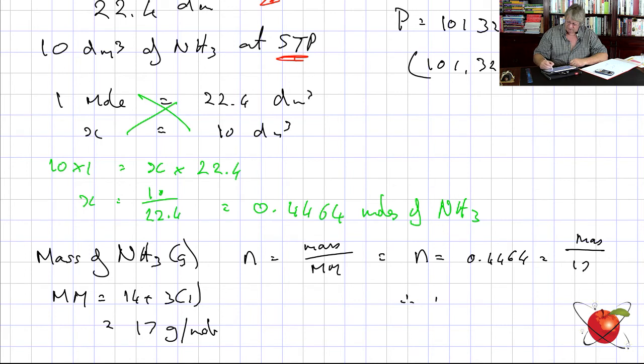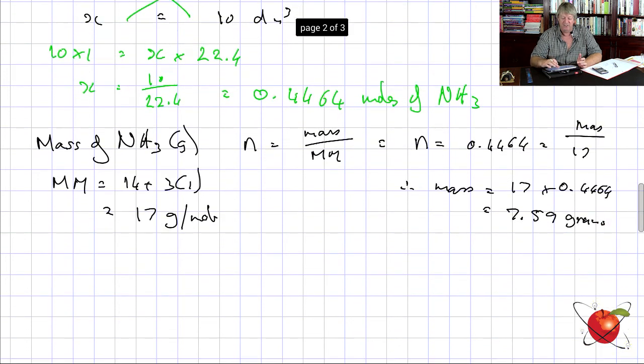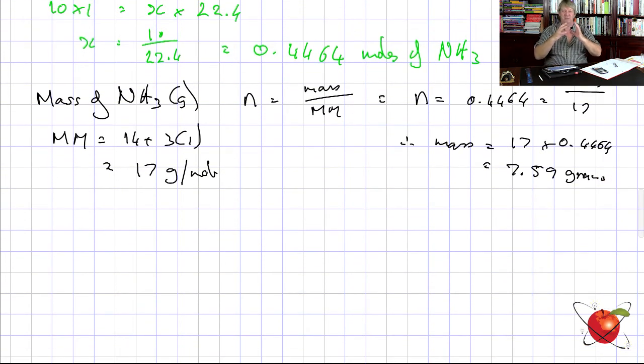Therefore, the mass is equal to 17 times 0.4464, and the answer is 7.59 grams.